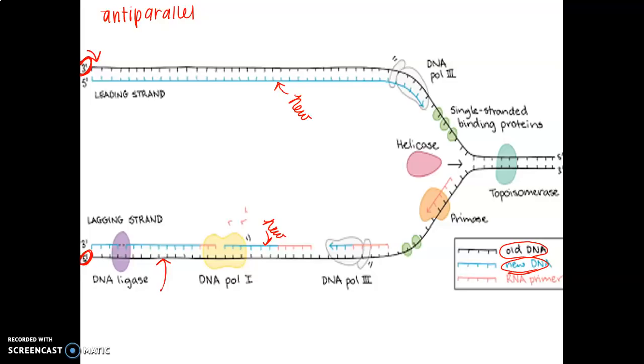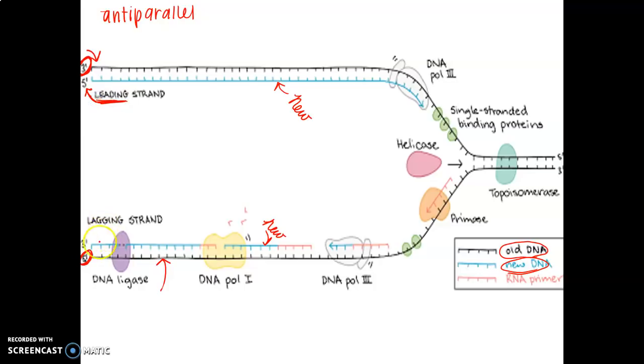So if you look again at the top left, over here where my little pointer is, you can see that if this guy is the 3' on the old strand, then the new strand is going to have to start with the 5' right there, okay? And we'll talk a little bit more about why this guy's the leading strand in just a little bit.